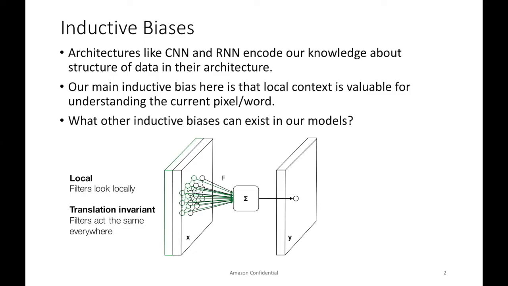Another inductive bias is that we use a word as a complete token in NLP, but we don't use characters or alphabets very frequently. We rather take the whole word, and that word forms the unit, like one pixel. A word forms one unit in NLP.